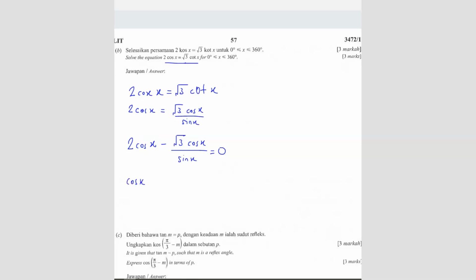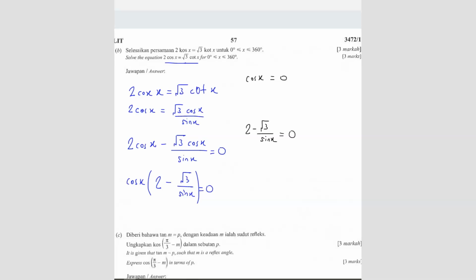You have cos x times (2 minus root 3 over sine x) equals 0. From here we will have two answers. The first answer is cos x equals 0. The second answer is 2 minus root 3 over sine x equals 0.